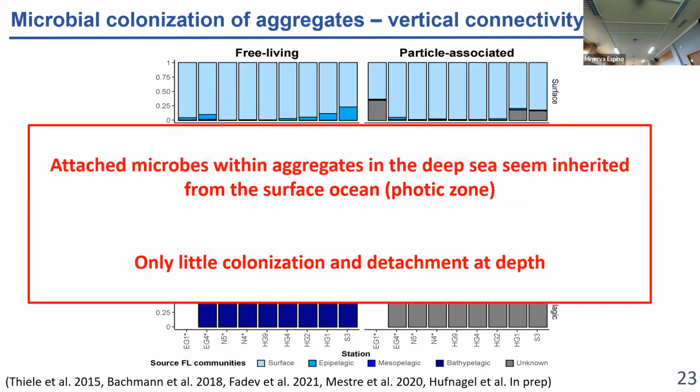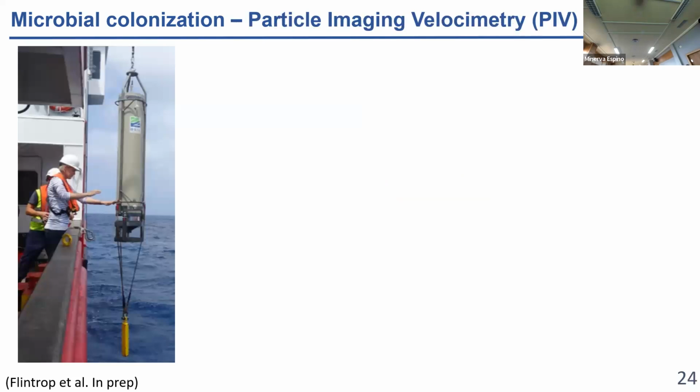So it really seems like attached microbes within aggregates in the deep are inherited from the surface, and there's only little colonization in the deep ocean. This could explain why we have low respiration, because they're really adapted to the surface. And then, of course, you have pressure effects on top, which I think Gerhard will talk about.